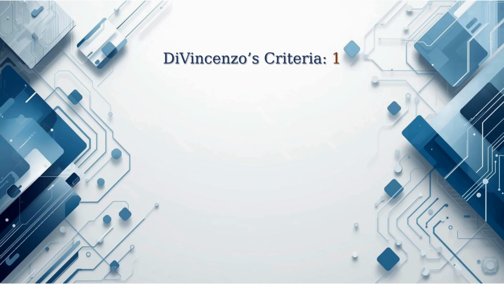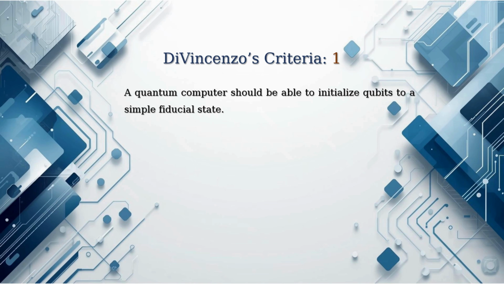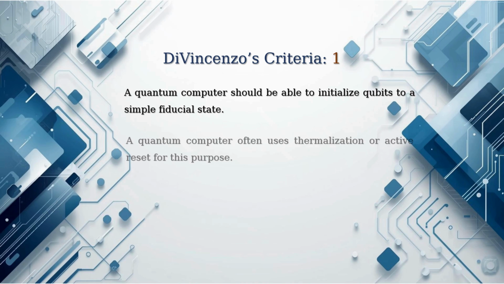They are: a quantum computer should be able to initialize qubits to a simple fiducial state. For example, before running a quantum algorithm, we may need to initialize a qubit to the state Ket0. A quantum computer should be able to do so.